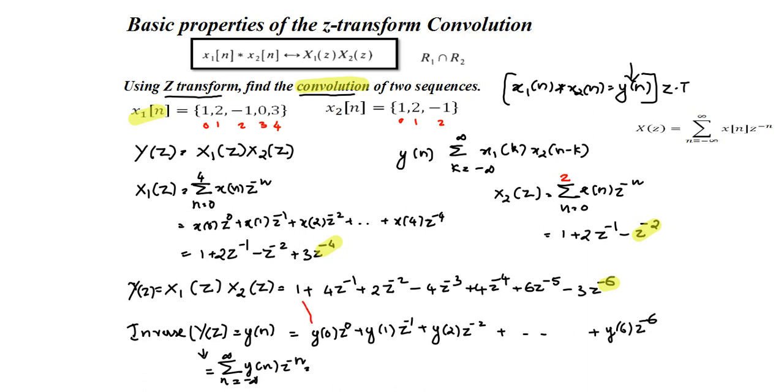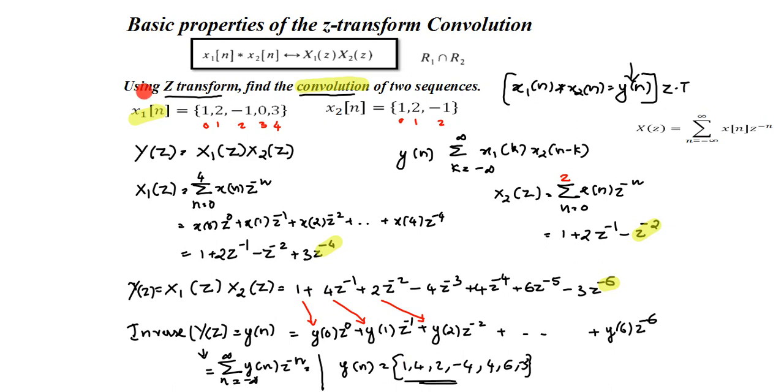So this is y of 0, this is y of 1, and this is y of 2, etcetera. So I can write y of n simply as 1, 4, 2, minus 4, 4, 6, minus 3. So this is y of n.